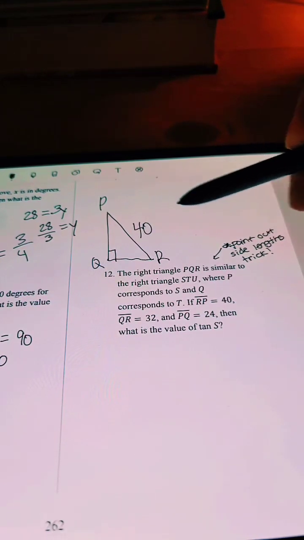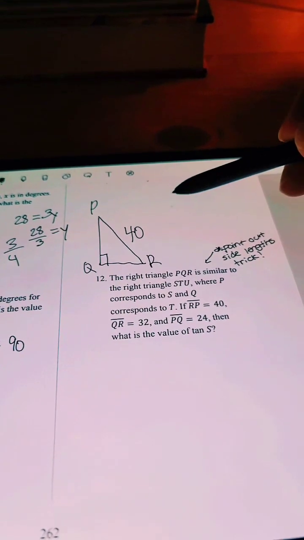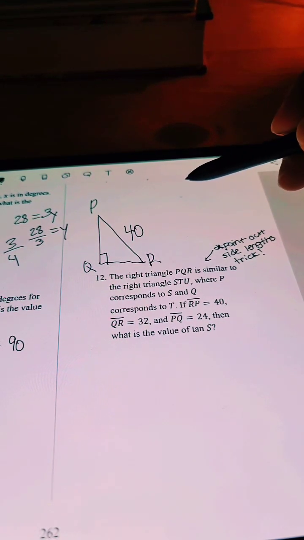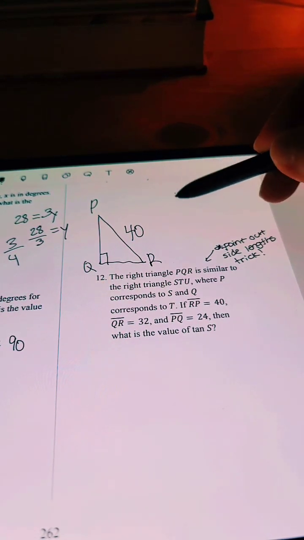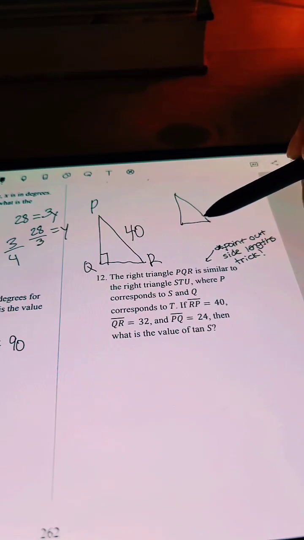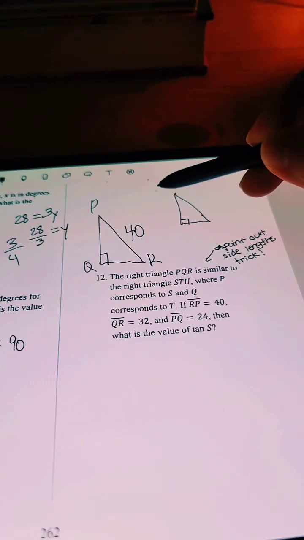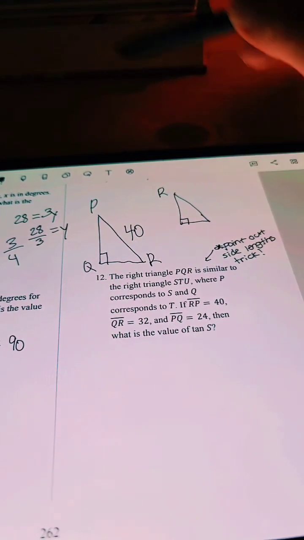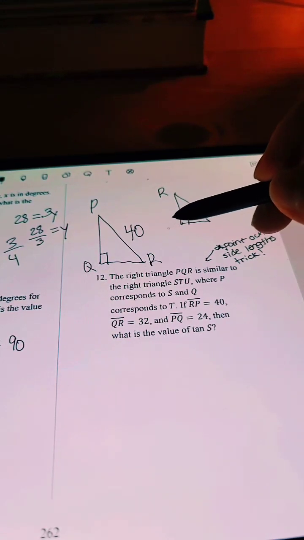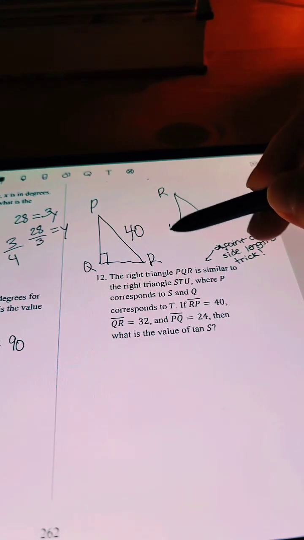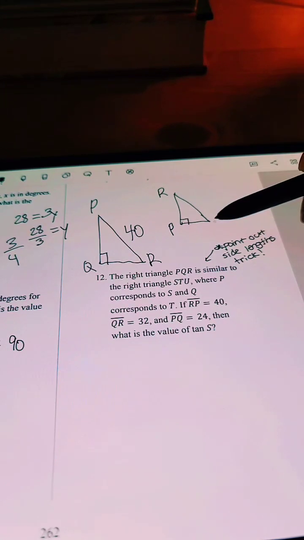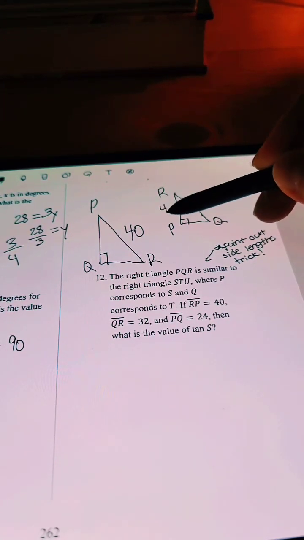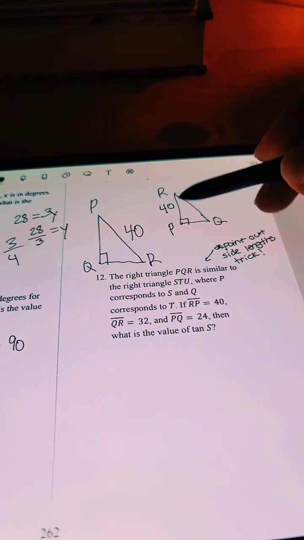So this has to be 40. You couldn't have drawn it like this, maybe. It's hard to think how to draw it wrong because I just see how to do it the right way. So let's think R, P right there, and then Q. You couldn't draw it like that because then the longest side would be one of the legs.